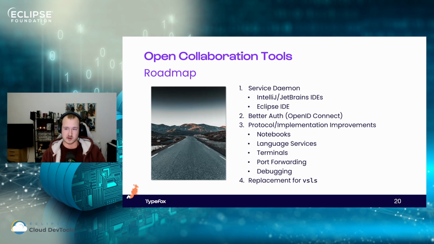Essentially hook into the host for all the language services. That would be really useful. Then also, of course, terminal sharing, essentially server sharing, so port forwarding, and obviously also shared debugging. And then there are some technical details, like replacements for VSLS, if anyone's familiar with that, but I won't go into too much detail here. Anyway, we have a bunch of stuff that we are looking into.